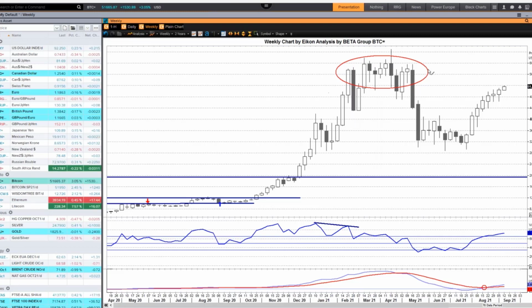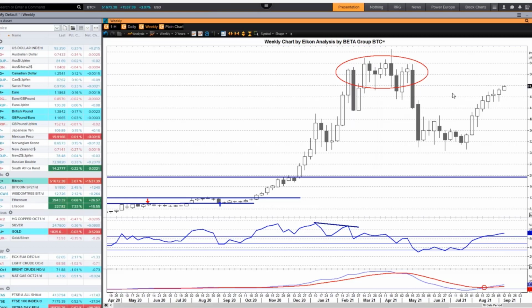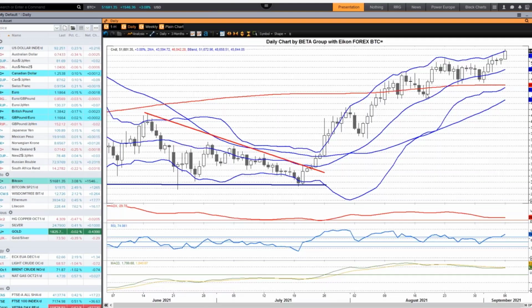But there's a load of people who bought Bitcoin up in here, aren't there, who are just holding their hands together in front of their face and praying to get up to the 56,000 so I can get out at no loss. I never thought I'd see that. And there's a load of those people there. So we're approaching an area of resistance. We're slowing as we approach it. The technicals on the weekly are still bullish, but we're coming into a very substantial area of resistance.